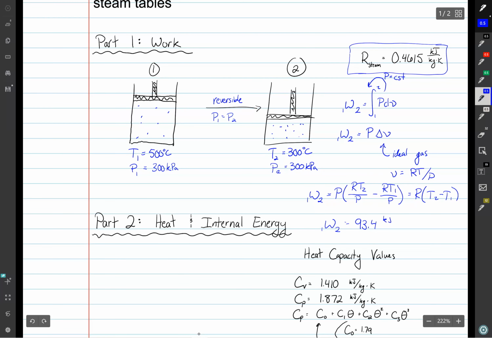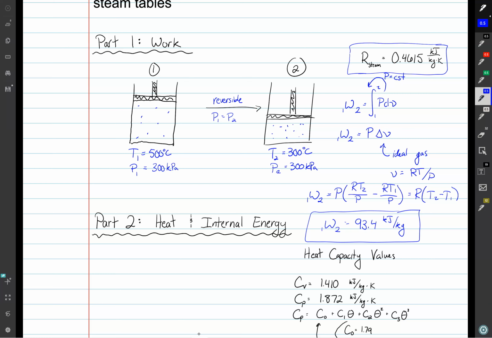Sorry, the change in temperature is 200 degrees. So 200 times 0.4615, we would get a work of 93.4 kilojoules per kilogram. So there's the answer to the first part, finding the work.